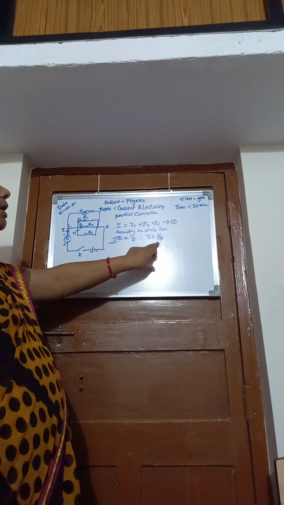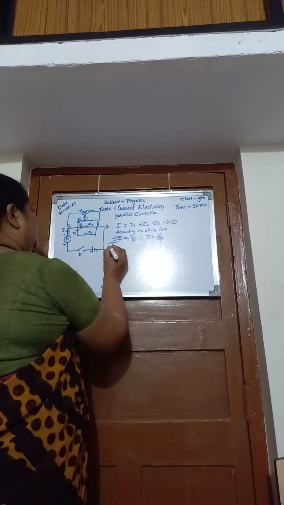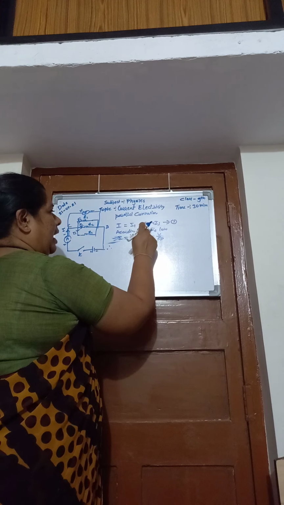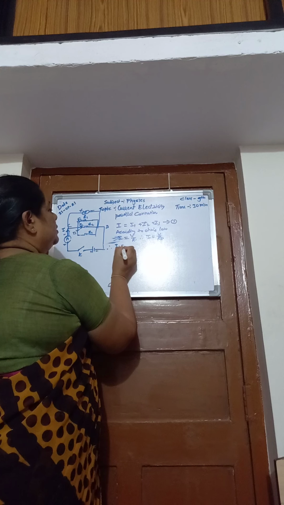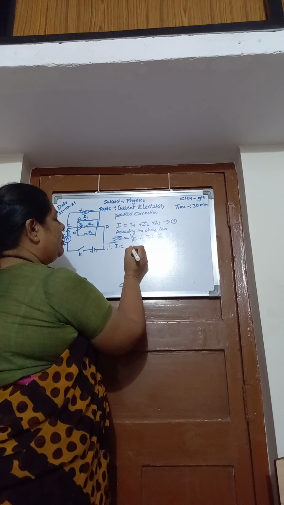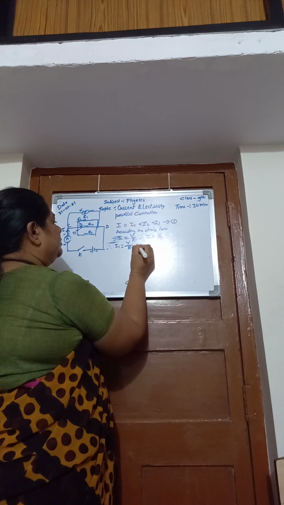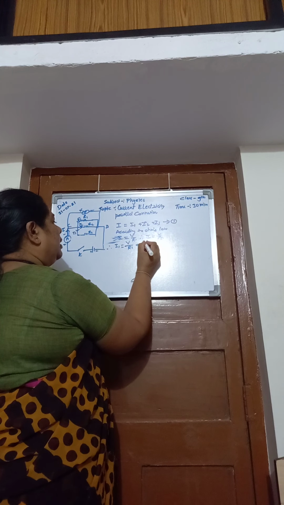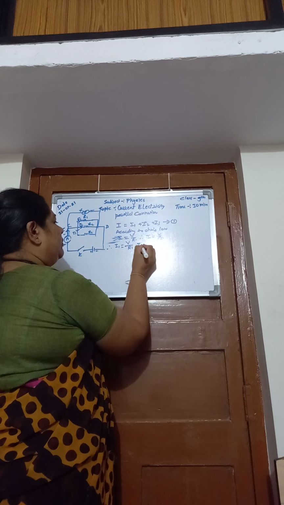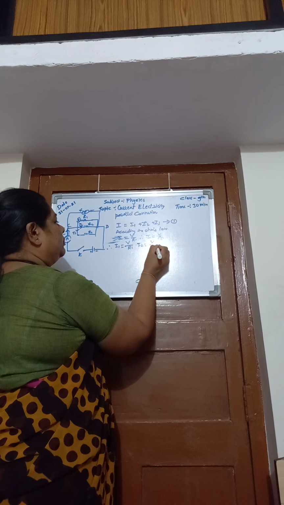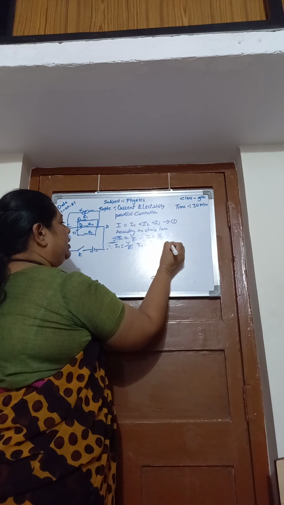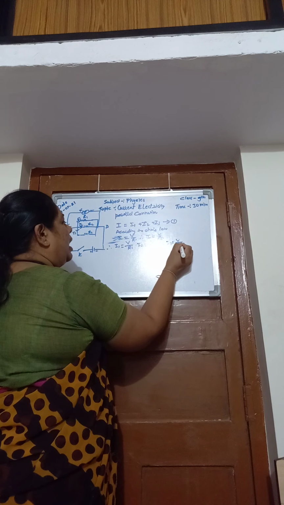Therefore, we can calculate I1, I2 and I3. I1 equal to V upon R1. I2 equal to V upon R2. And I3 equal to V upon R3.